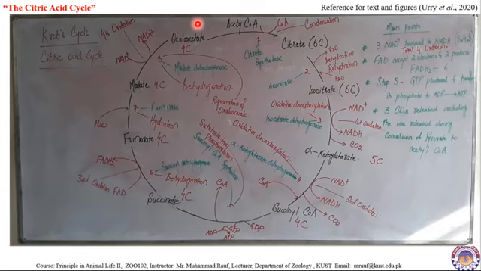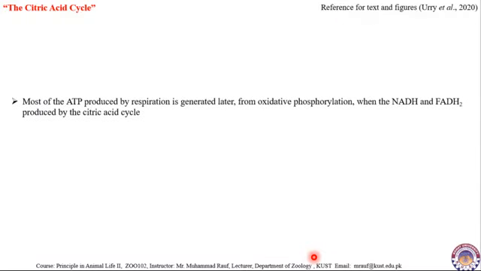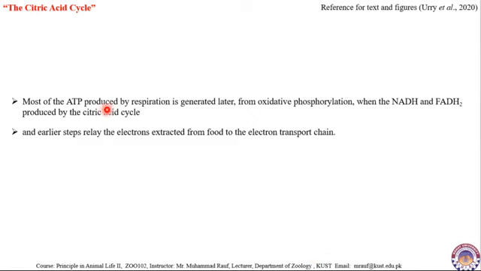But one very important step is left in aerobic cellular respiration, and that step is the electron transport chain, in which those high energy electron carriers will deliver their electrons, and it will start the process. Most of the ATP produced by respiration is generated later.